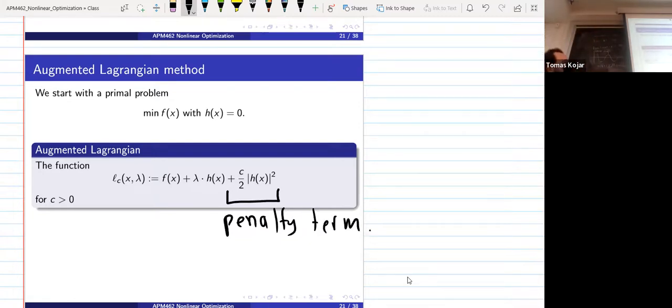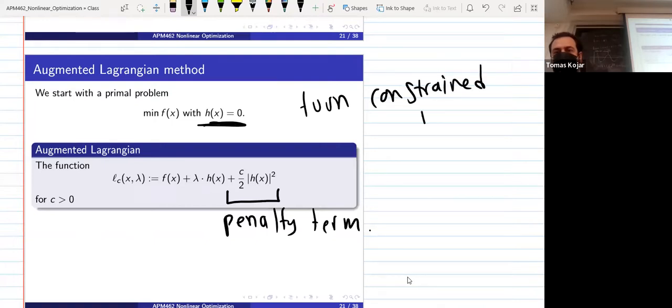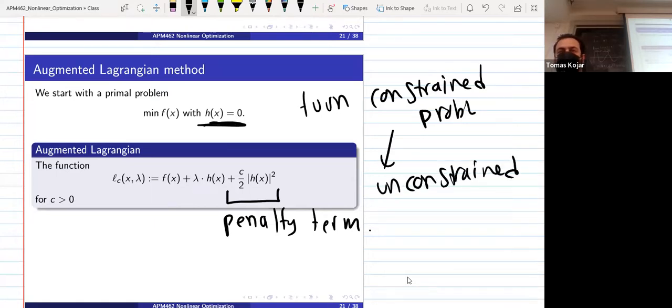And why do you include this? Because you don't want to have a constraint. This is a nice technique in optimization where you turn a constraint problem into an unconstrained one. Because why?